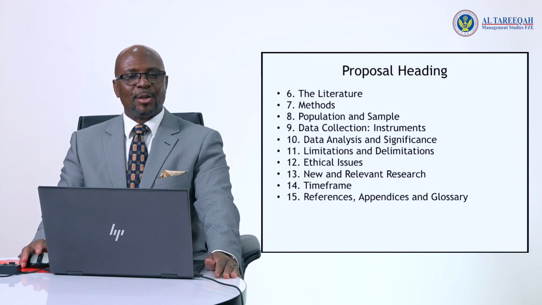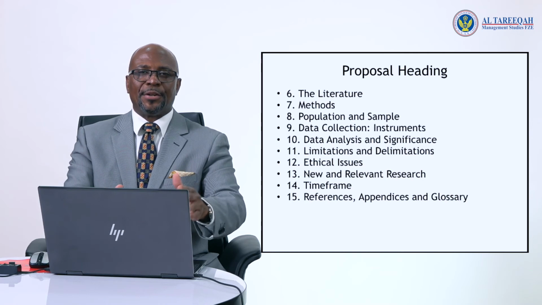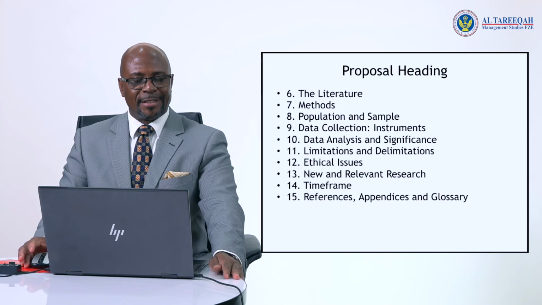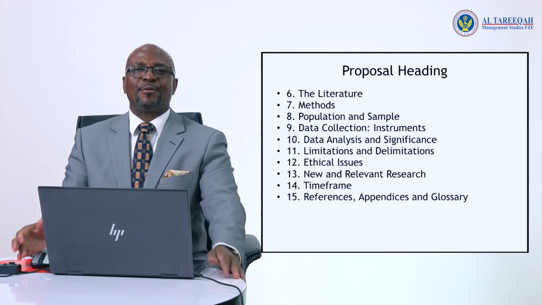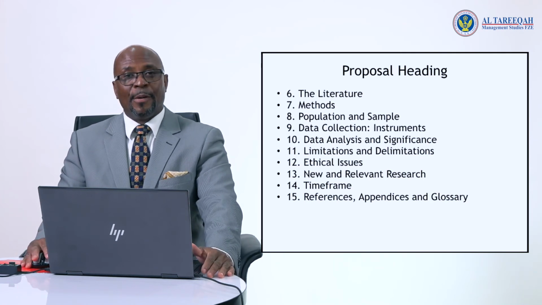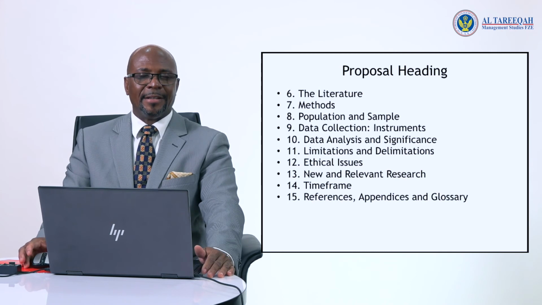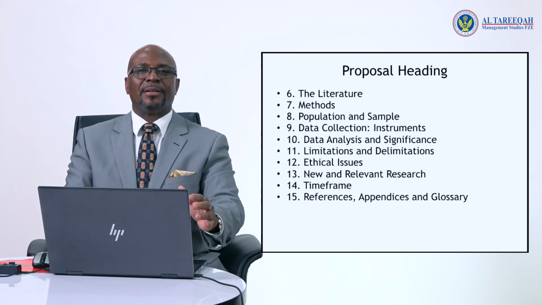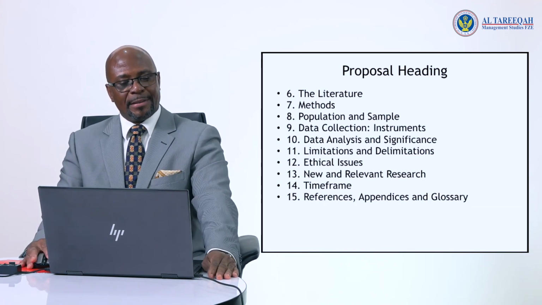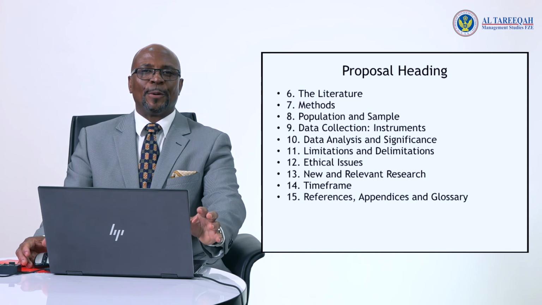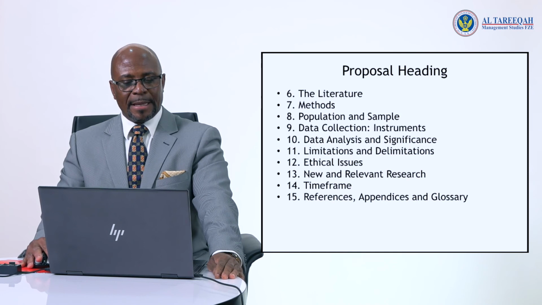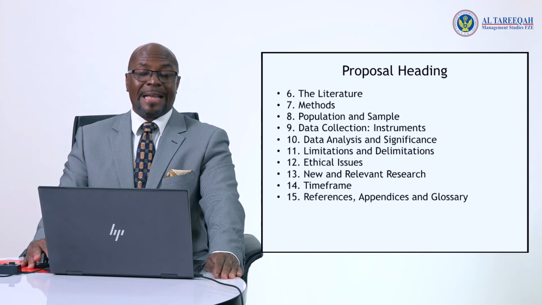Number seven, you have to explain the procedures and methodologies that you'll be using in your research. Number eight, you have to state the population and the sample size of your research. Number nine, you have to show data collection procedures, which will include the instruments that you will be using. Number 10, you have to show the data analysis procedures and the significance of these analysis techniques.